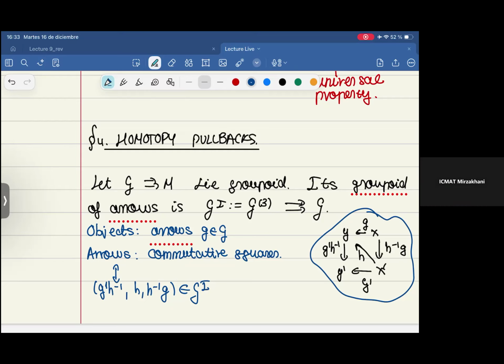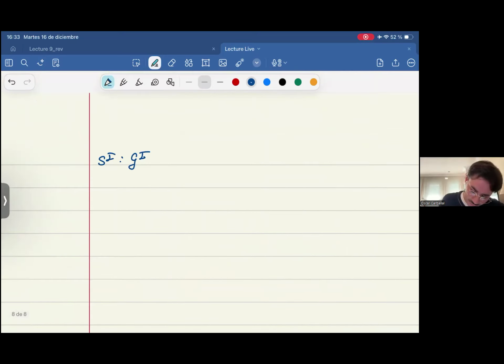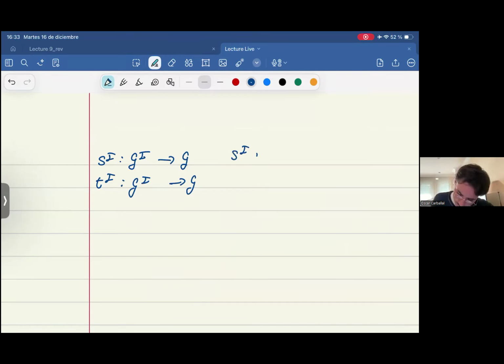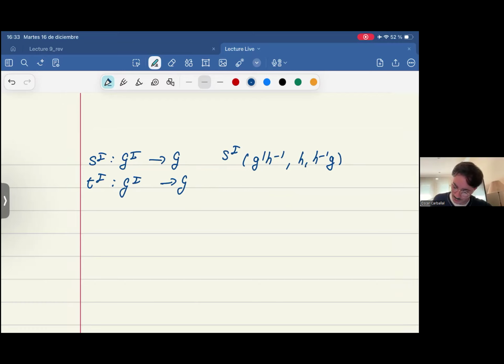So here you have the source and the target maps. Whenever we have an arrow like this, G prime H minus 1, H minus 1 G, to obtain the source we multiply these two arguments, and we obtain the original arrow G of the groupoid.